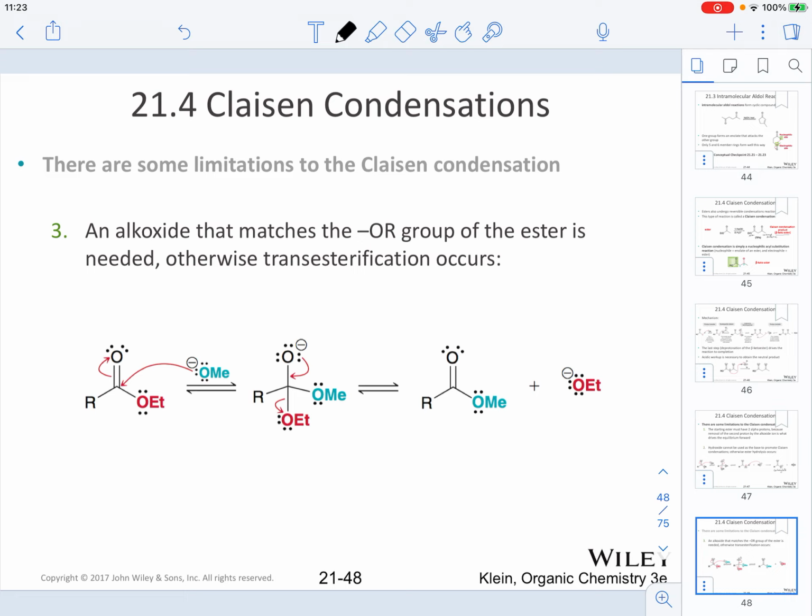And in transesterification, understand that basically we are going to be exchanging, and I'm just going to highlight it in orange, the OR group in the ester for the OR group that was in our alkoxide. So again, when we're utilizing a base, it must match the OR group in our ester in order to prevent transesterification.